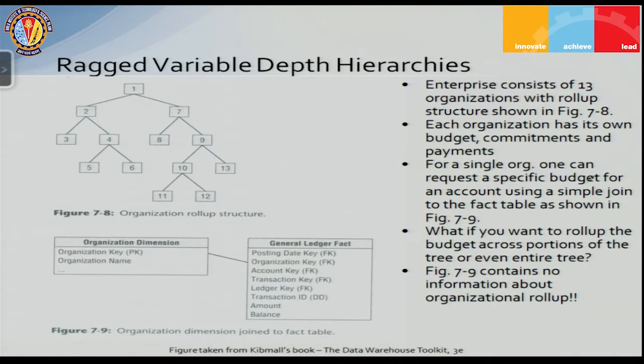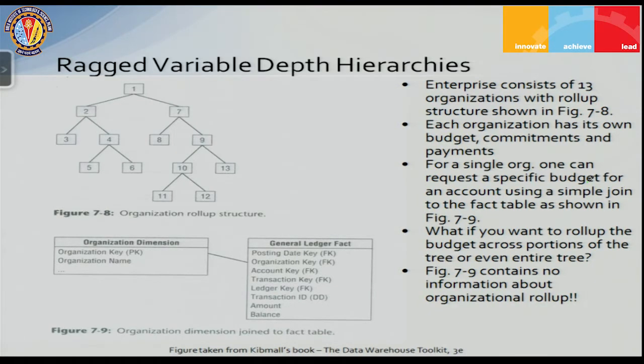The nodes are named 1 to 13, and their roll-up structure, or the hierarchy in which they participate, is shown in figure 7-8. Right? Each organization has its own budget, commitments, and payments. So for a single organization, one can request a specific budget on account using a simple join to the fact table, as shown in figure 7.9.